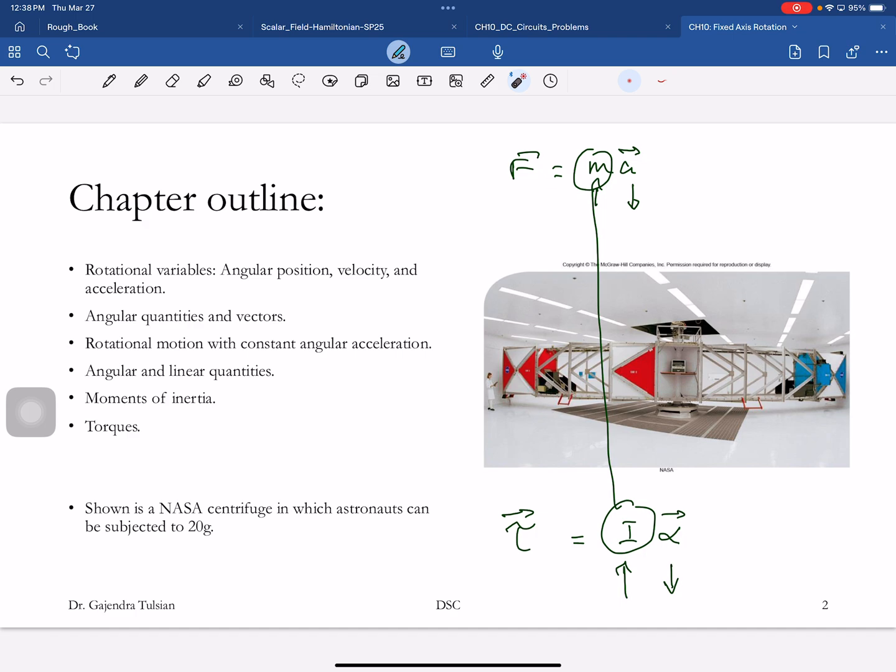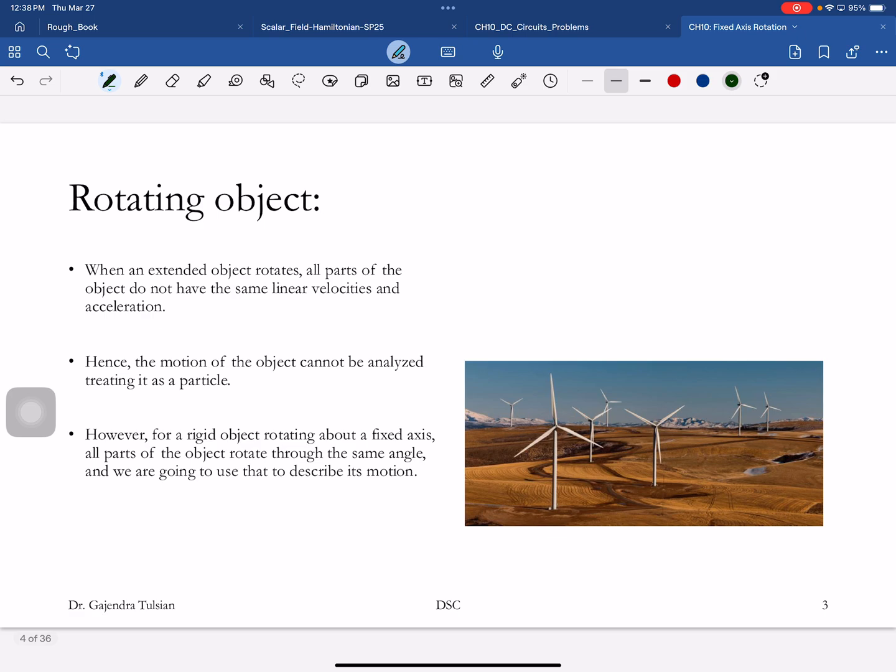So for instance, if you put an astronaut like this, and there's the head of the astronaut, and there's the feet, and you spin this thing, all the blood will go to the feet of the astronaut, and you can make them pass out.